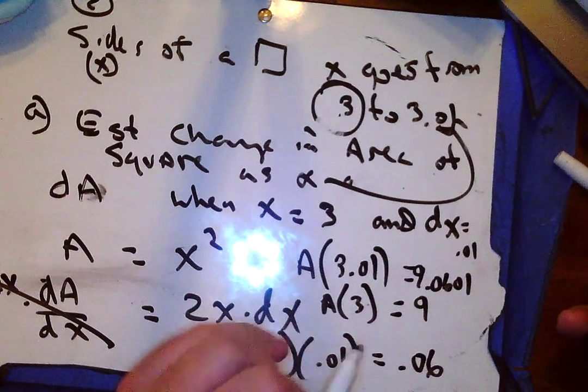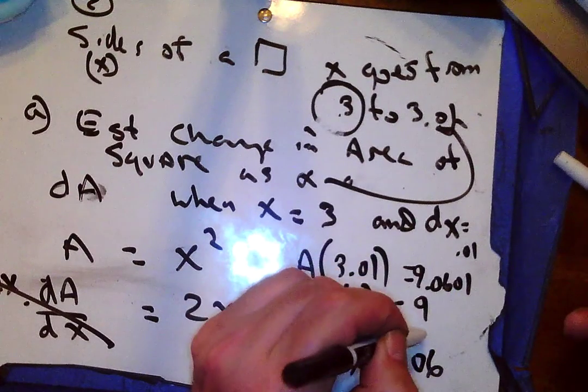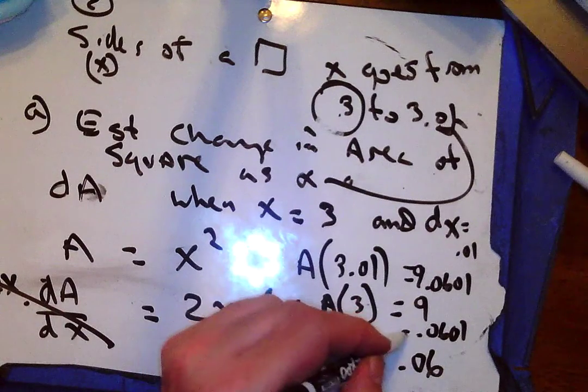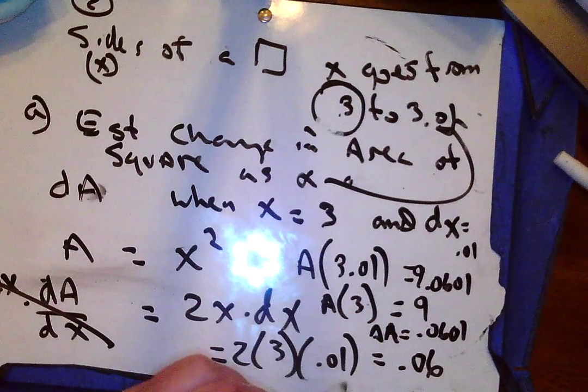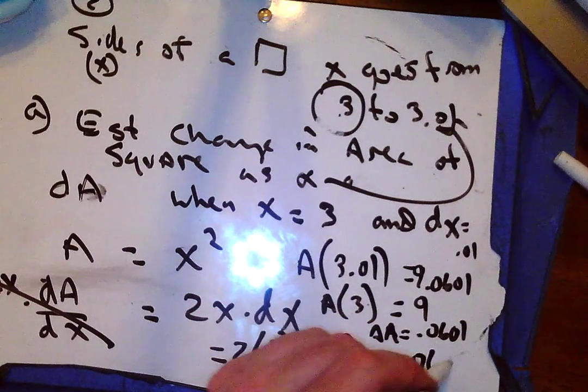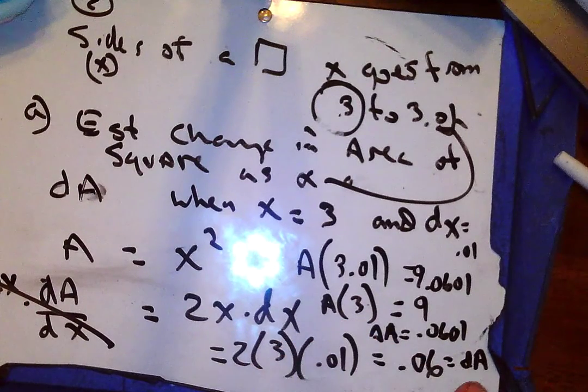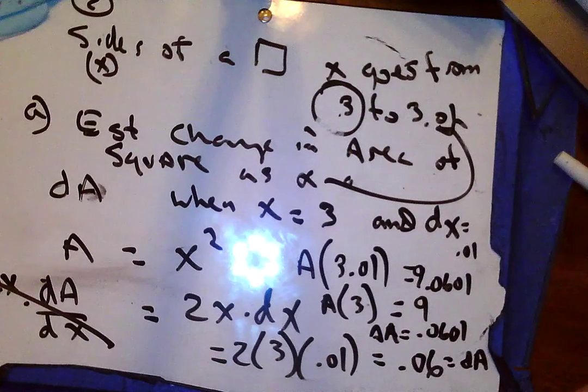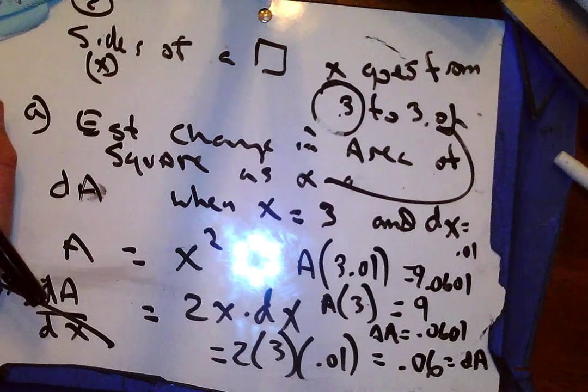And so what am I looking at as the difference? I'm looking at 0.0601. This is the actual change in area, this is my delta A. This is my estimate, my dA, my estimate in change in area. Look, tens, hundreds, thousands, 10,000s. They're within 1/10,000th of each other, so I feel pretty comfortable with that.